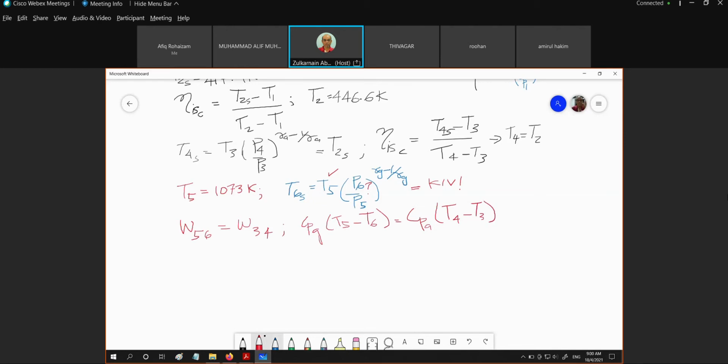And if we analyze all the values, from here it left us with T6. Therefore, by using this equation, we are going to solve for T6. Okay? So please calculate the T6.